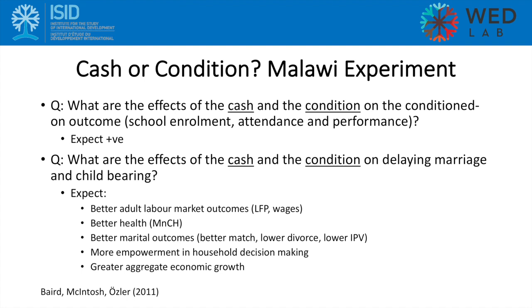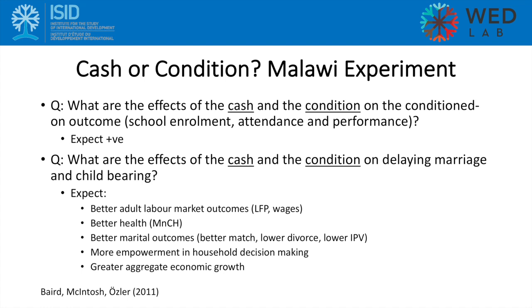So what would we expect? What are the effects of cash and the condition on outcomes? For school enrollment, attendance, and performance, we expect this to be positive. What are the effects of the cash and the condition on delaying marriage and childbearing, which is closer to what we're thinking about here in terms of women's economic empowerment, and something they tried to answer with their experiment?